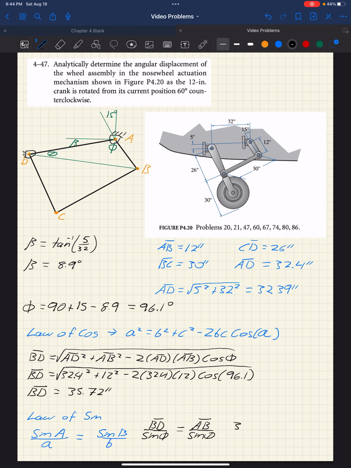So 35.72 over sine theta is equal to 12 over 96.1. And this gives us theta equal to 19.5 degrees.